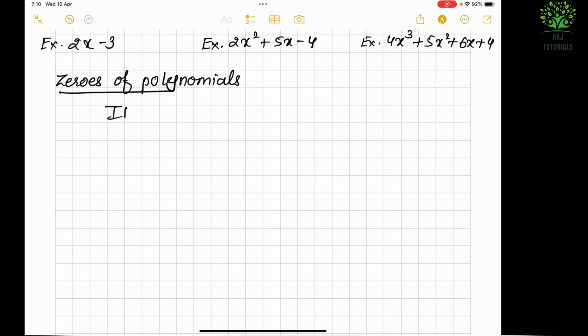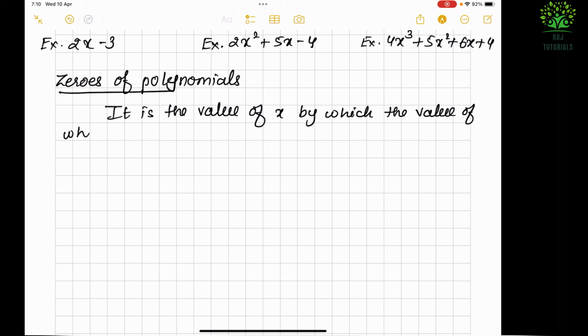It is the value of x by which the value of the whole polynomial p of x becomes 0.